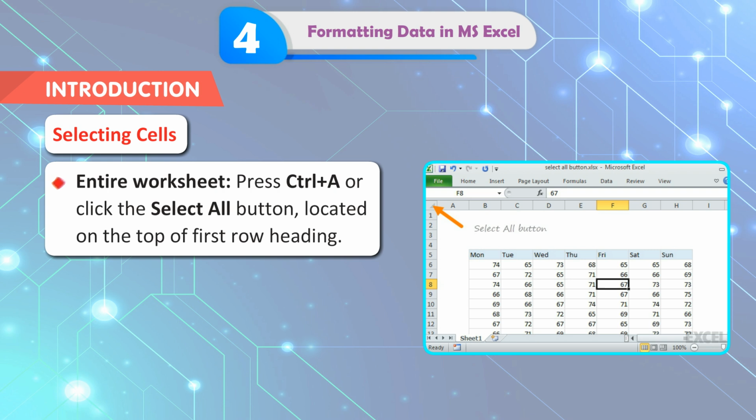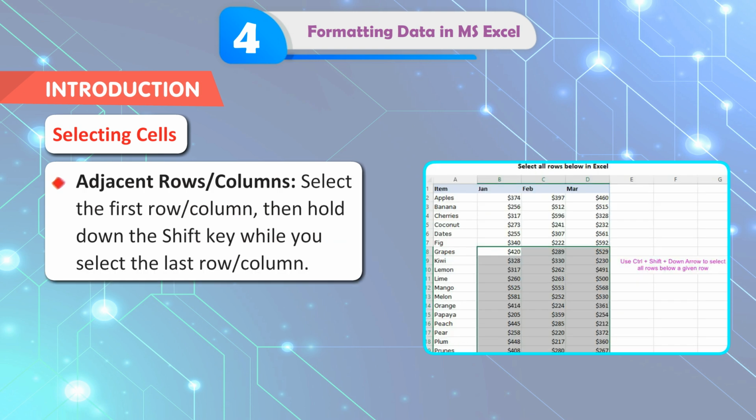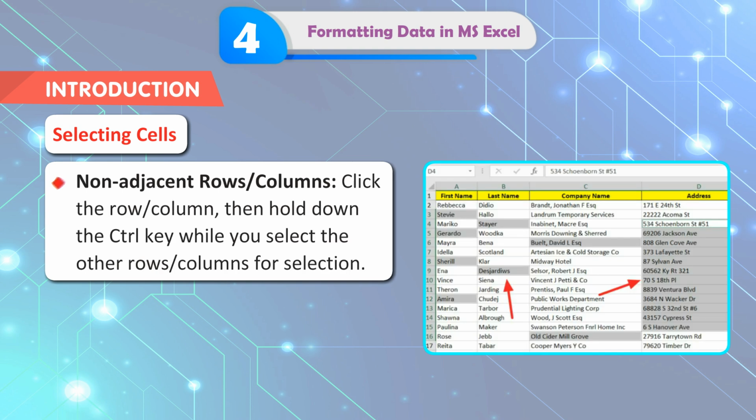Entire worksheet: press Ctrl+A or click the Select All button, located on the top of the first row heading. Adjacent rows or columns: select the first row or column, then hold down the Shift key while you select the last row or column. Non-adjacent rows or columns: click the row or column, then hold down the Control key while you select the other rows or columns.